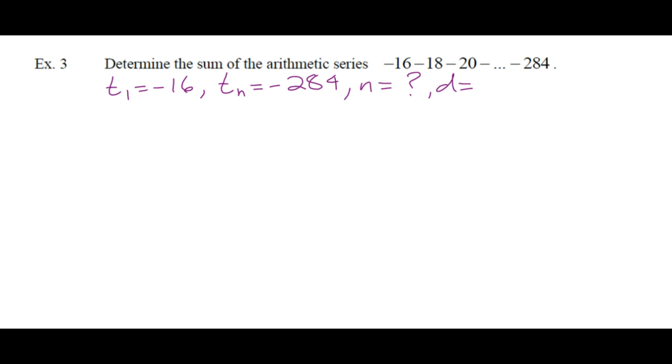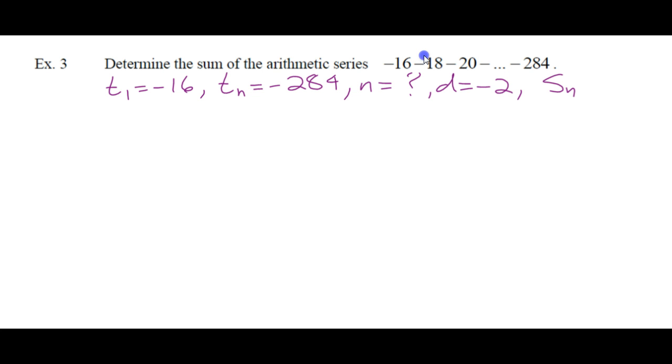Negative 2, right? It's negative 18 minus negative 16, which is negative 18 plus 16. You can think of this as negative 16 plus negative 18, but you replace the pluses with commas: negative 16, negative 18. I'm subtracting 2. So d is negative 2.